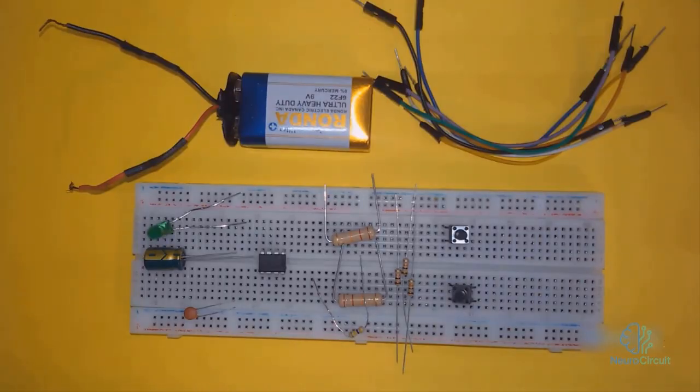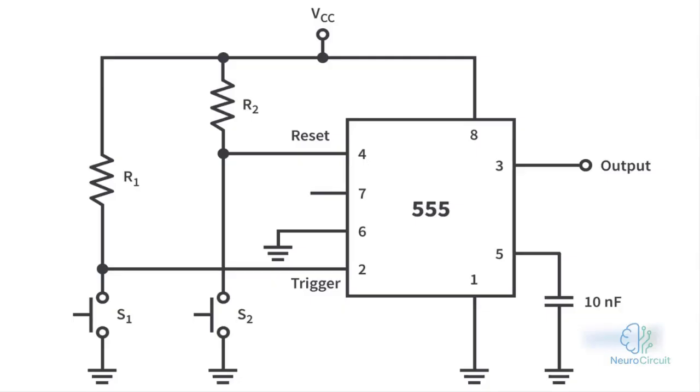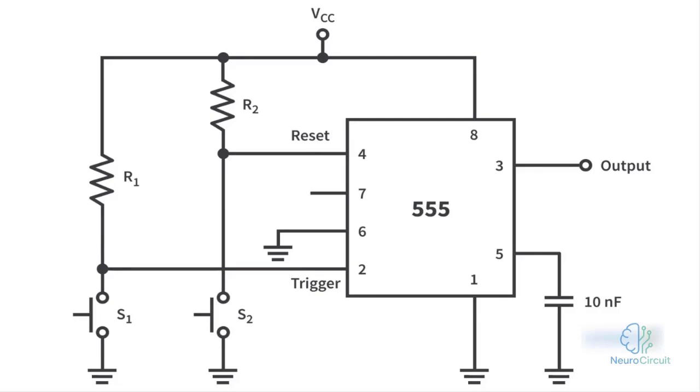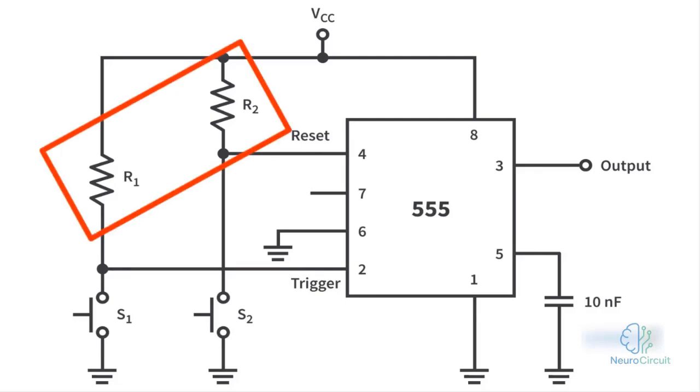So here we have two circuits for the monostable mode that we want to build together, and for the astable or bistable mode, this is the circuit we want to assemble here. For the bistable mode, according to the schematic we discussed in the previous session, you can see here that we need two push buttons. So here I've brought two push buttons, and we also need two resistors.